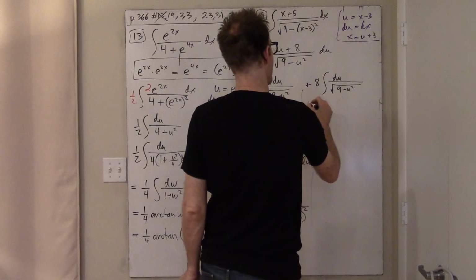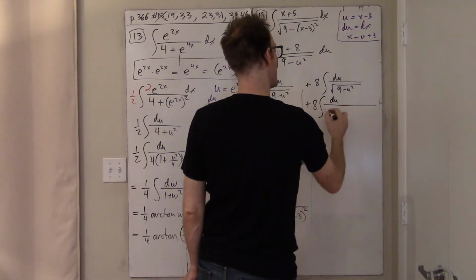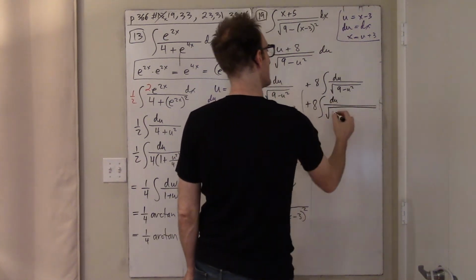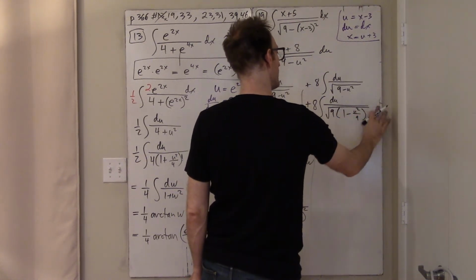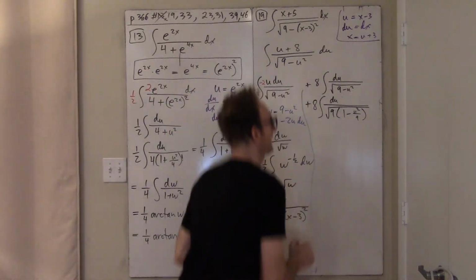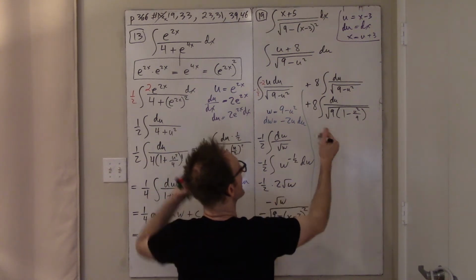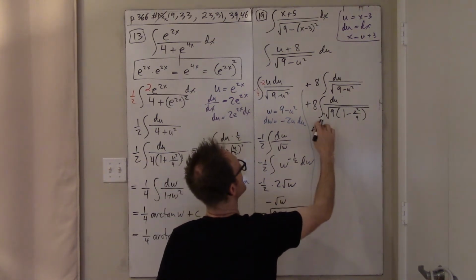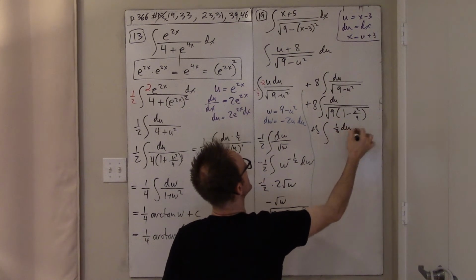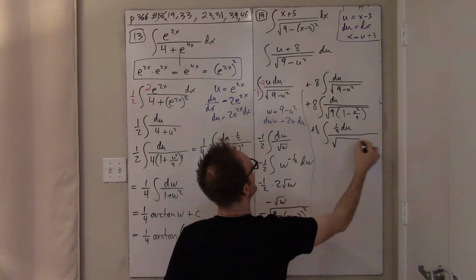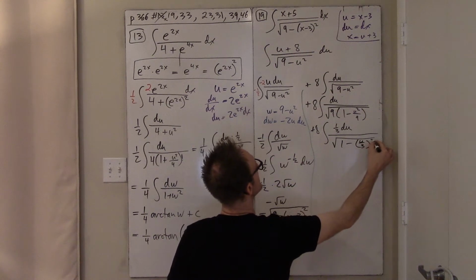Now I have 8, and I want to factor out this 9, so I get root, and then I factor out a 9, and that becomes 1 minus u squared over 9. Why? Because I can now take that 9 out of jail, and when I take it out of jail, it becomes a 1/3. So on the top, I get 1/3 du, and on the bottom, I get the square root of 1 minus u over 3 quantity squared.